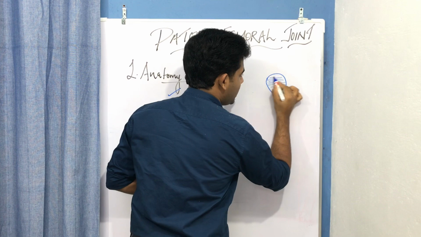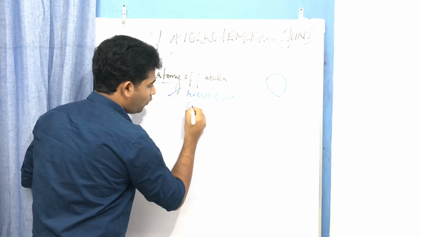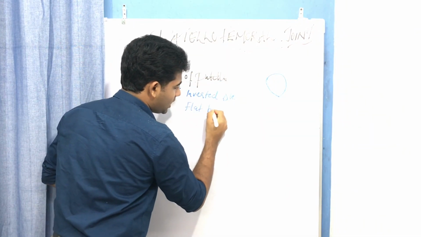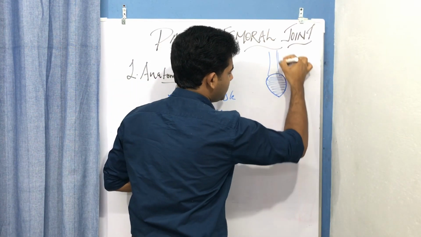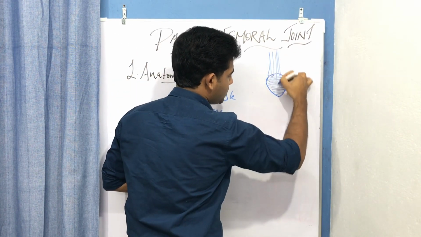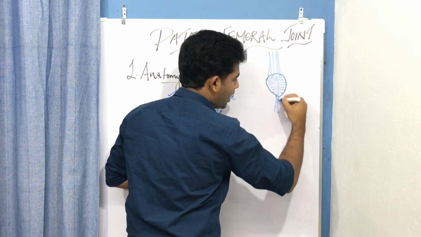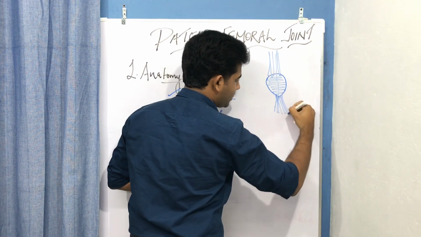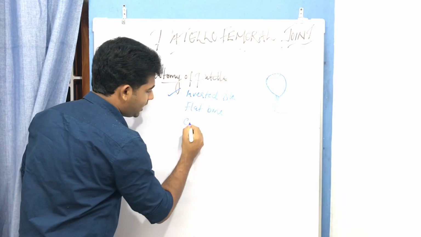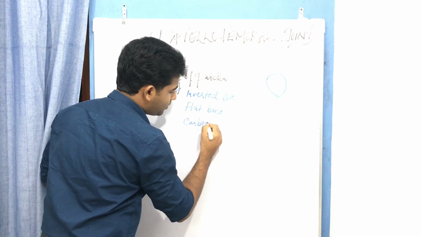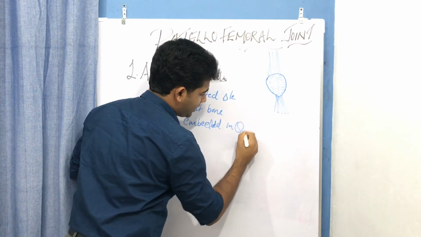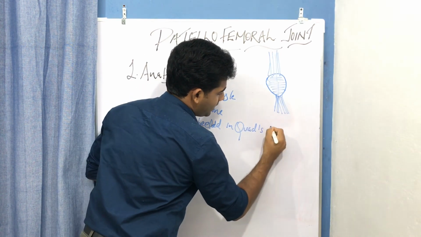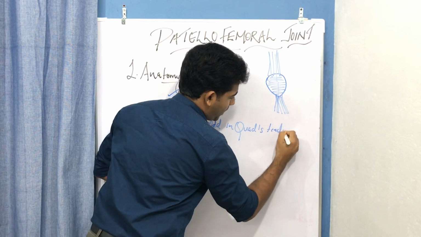Here you have the quadriceps tendon, and here you have the patellar tendon. The patella is embedded in the quadriceps tendon.